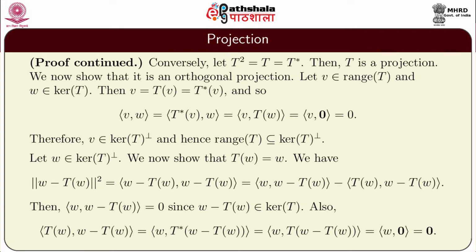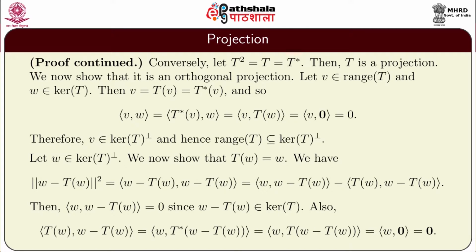Conversely, let T square be equal to T is equal to T star, then T is a projection, because we have already seen before that T is a projection if and only if T square is equal to T. The only thing we have to show now is that it is an orthogonal projection.